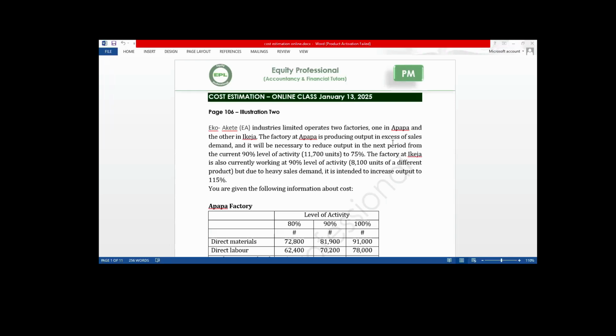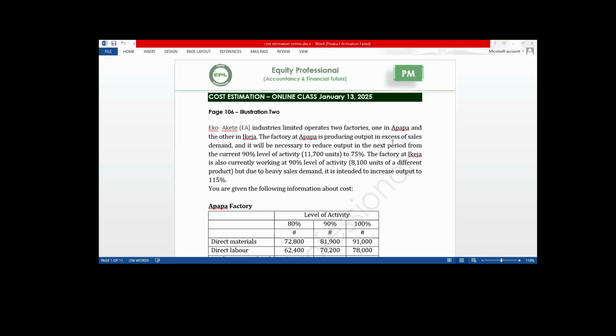The factory at Ikeja is also currently working at 90% level of activity, in brackets, 8,100 units of a different product, bracket close.